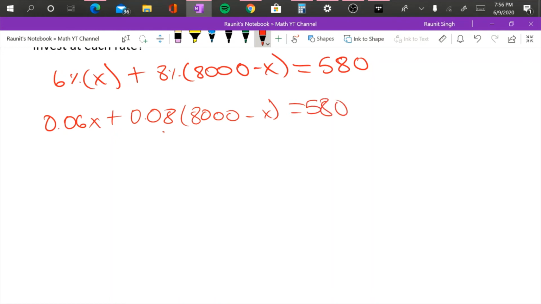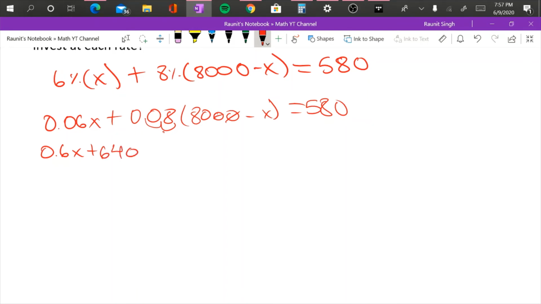And let's just do the distributive property and everything. So 0.06x plus 0.08. Oh wait, I forgot to do the times 8,000. So we're going to get rid of 2 zeros, and then you're going to get 8 times 80, which is 640.